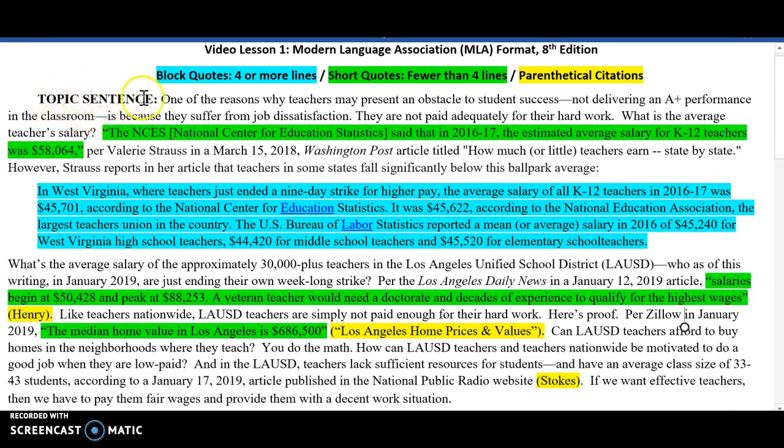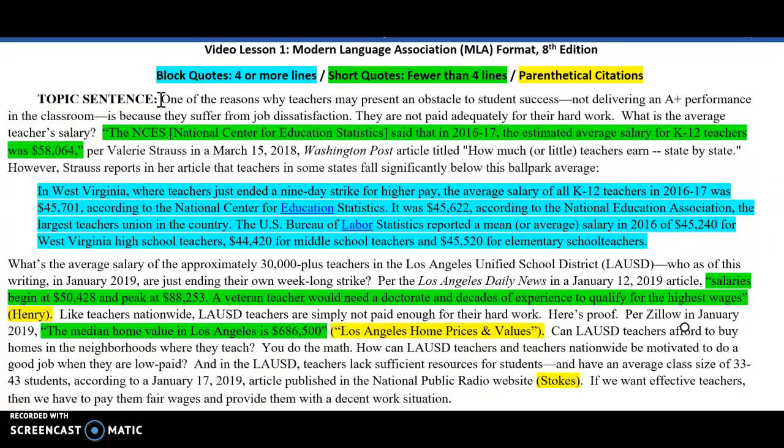And I begin with a topic sentence. I clearly identify the obstacle to student success that teachers pose, and it's a very smart thing to begin writing with a topic sentence to make your focus very clear so readers can follow your thoughts. So I have done that, and of course I've used the short quotes and the block quotes to support my opinion about the obstacle to student success that teachers may pose.